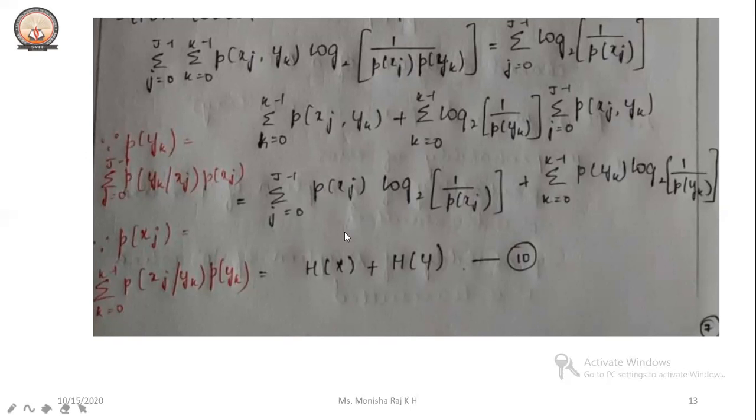This is nothing but H(X) plus H(Y), so we number it as equation 10.